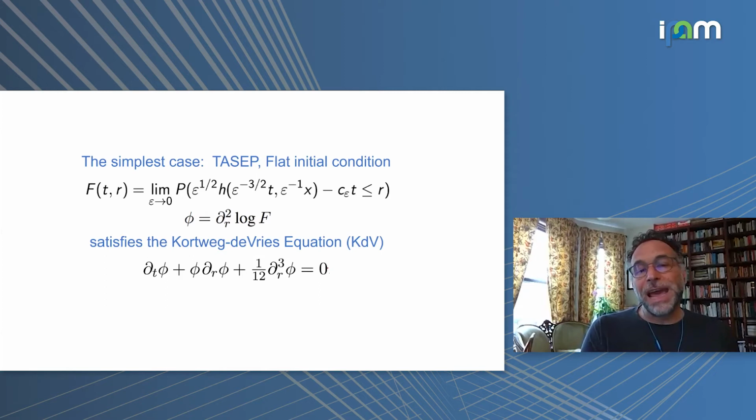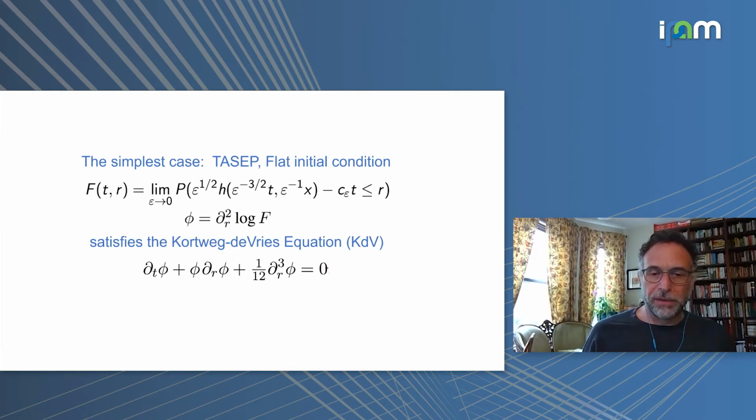It doesn't depend on x, because we started with flat initial data, so the thing is spatially homogeneous. So we've got this function F(t,r), which is the distribution function at time t of the asymptotic model, the KPZ fixed point, of h(t,x) less than or equal to r. So that function F, we take its second log derivative, and lo and behold, it satisfies KdV, the Korteweg-de Vries equation.